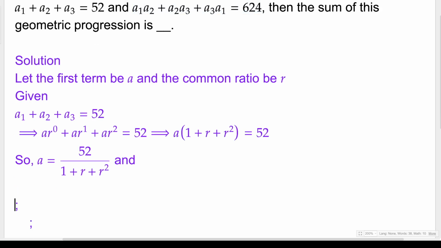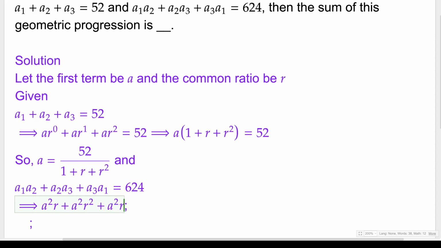Now the next part that is given to us. This implies a subscript 1 multiplied by a subscript 2, so I will write it as a squared times r, plus a squared times r squared, plus a squared times r to the power 3.